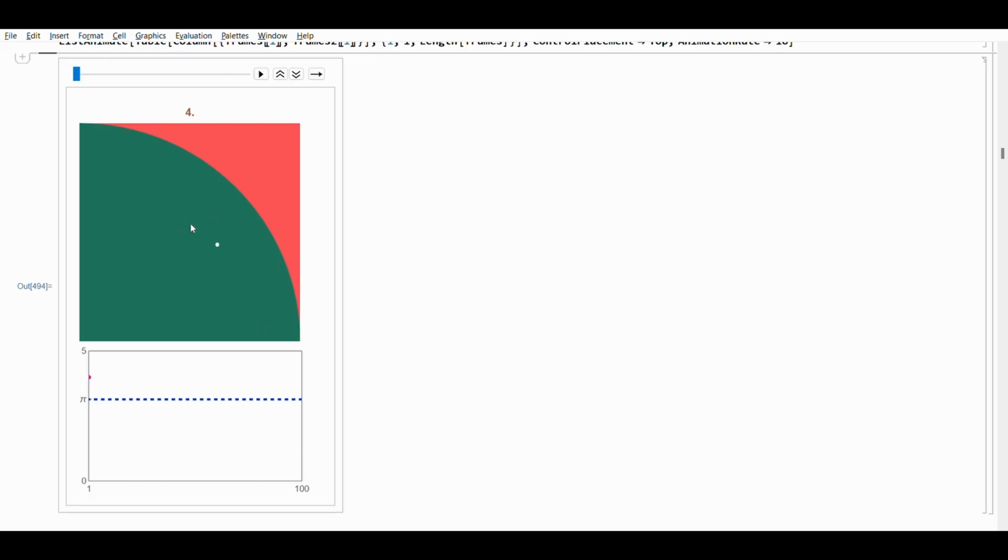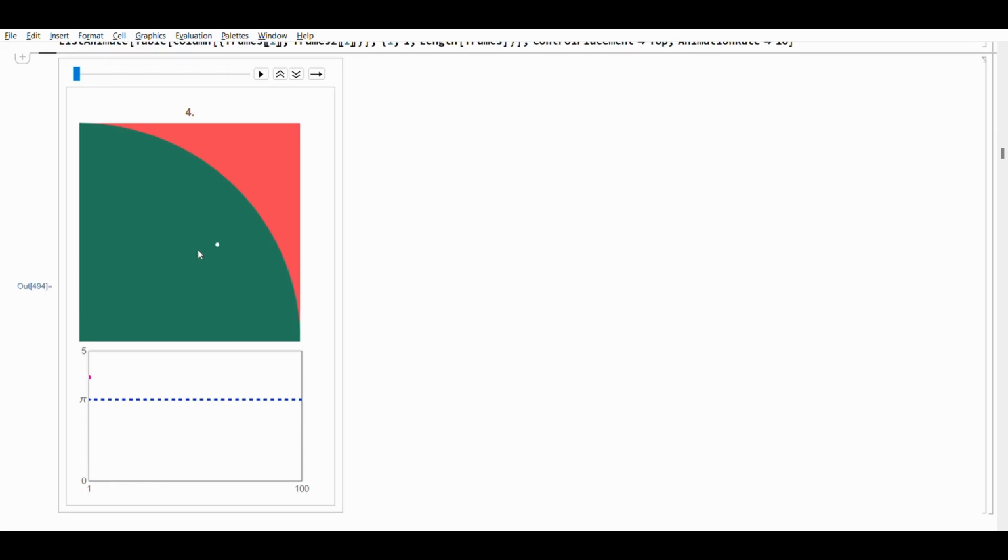Some points will lie in this green region and some points will lie in the red region. Then I will take the ratio of the points lying in the green region to the total number of points, and that ratio will be pi over 4. If you multiply that ratio by 4, we will get an approximate value for pi.